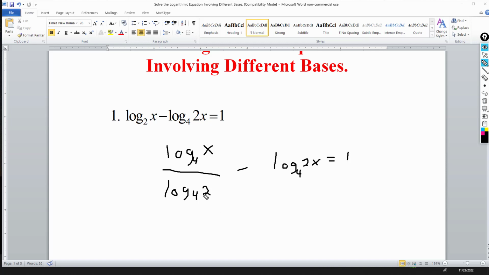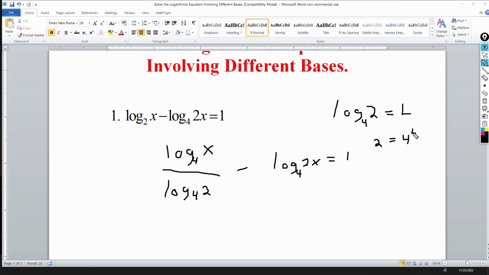equal to 1. Now, using the definition of log, let's look at the log of 2 to base 4 this way. The log of 2 to base 4 is equal to some logarithm L. By the definition of log, 2 would have to be the same thing as 4 to the L power.